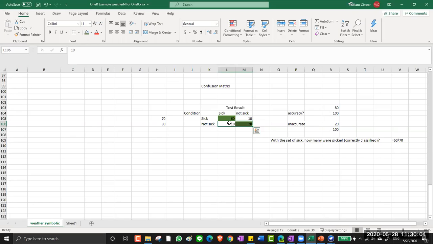I don't mean which would you rather be, but which error is more dangerous? The first one. If it tells you you're not sick and you actually have cancer, that's much more dangerous than if it tells you you are sick and you don't have cancer, right? Because they can give you a second test, which might have a different kind of accuracy. They probably won't kill you in that case, but you might die in the other case.